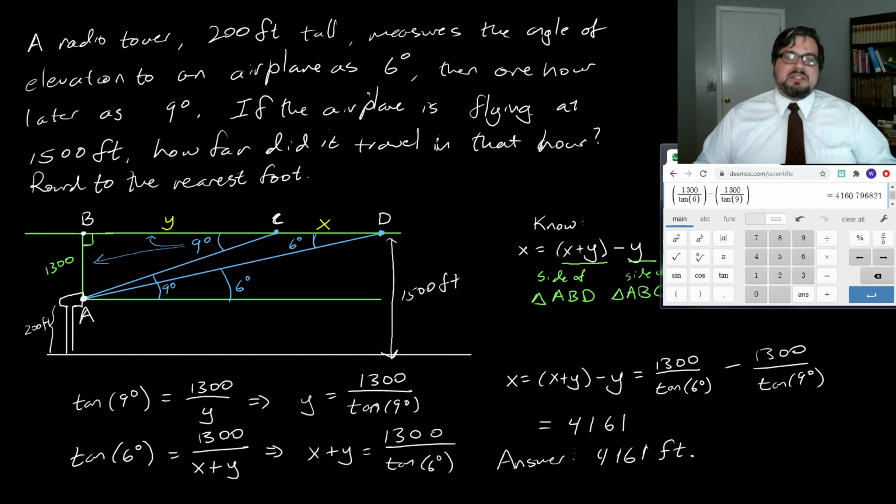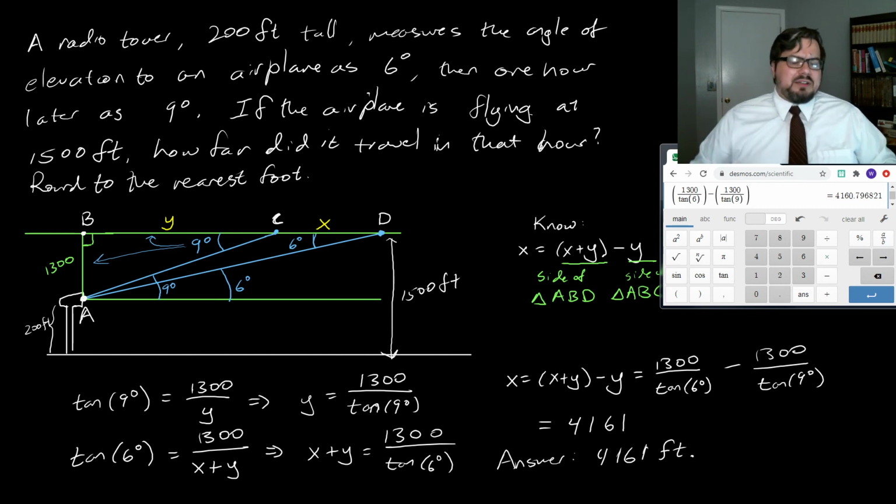Now, another thing that you want to check, and one place where this particular problem fails because it's just sort of a cartoon problem used to illustrate the techniques, is you want to make sure that your answer makes sense in the context of the problem.